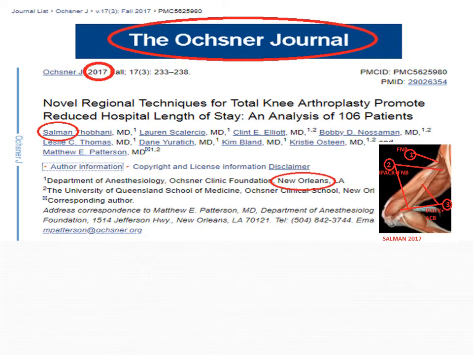The first one was published in 2017 by Salman from New Orleans. He was studying 3 groups. The first group, femoral nerve block. The second group, femoral plus IPACK block. And the third group, adductor canal block plus IPACK block.